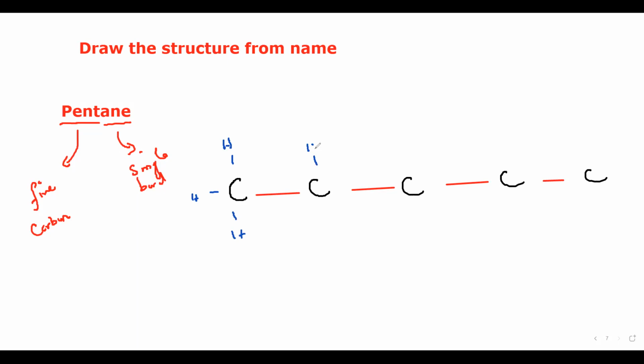The central one will have 2 hydrogen. Then this will also have 2 hydrogen. This will have 2 hydrogen. This will have 3 hydrogen. So we completed the structure of pentane. Pent means 5 and ane means there is a single bond between the carbon atoms.